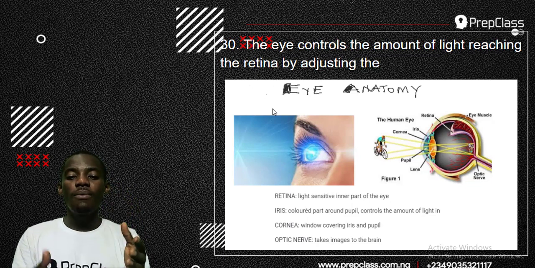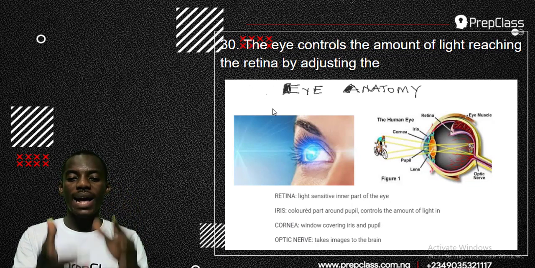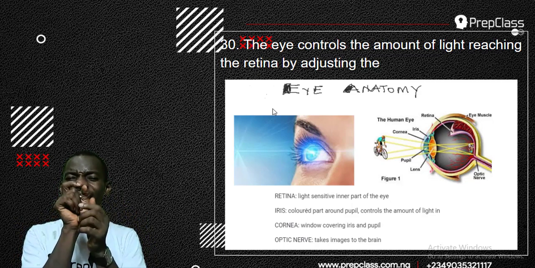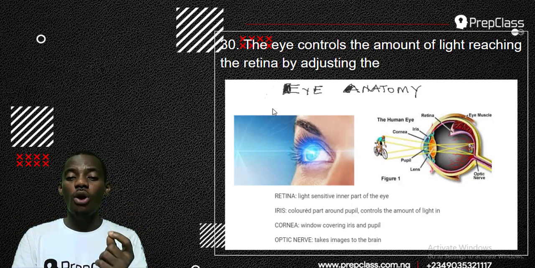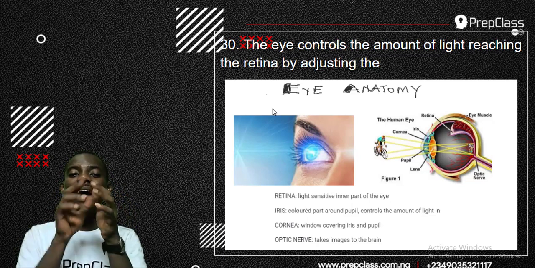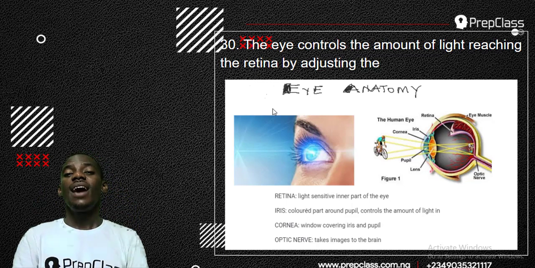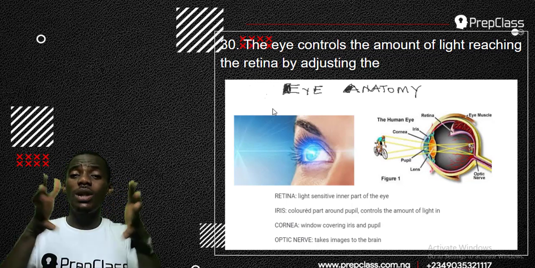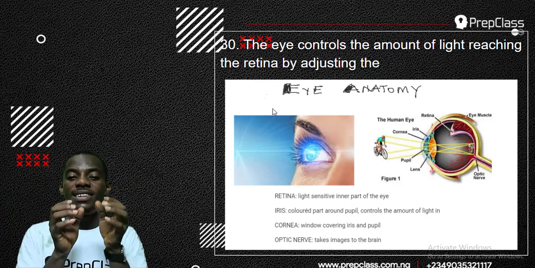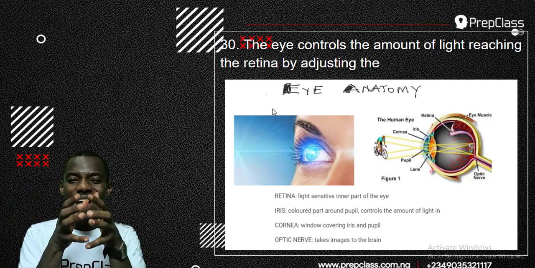Now you know that we have this picture, like some people, the tiny hole in your eye, the smallest hole, that tiny black hole in your eye is called your pupil. But the big colored ring around the tiny black hole is the iris. And you know that if the light is too much, you kind of squeeze your eyes. That means the iris contracts.